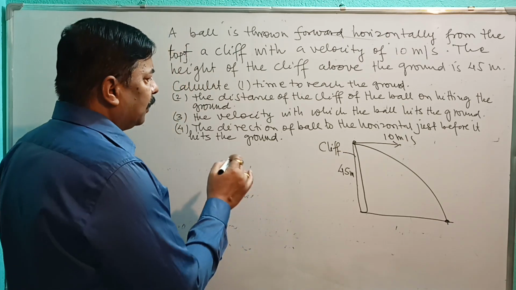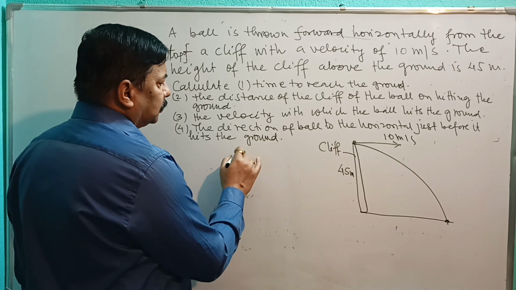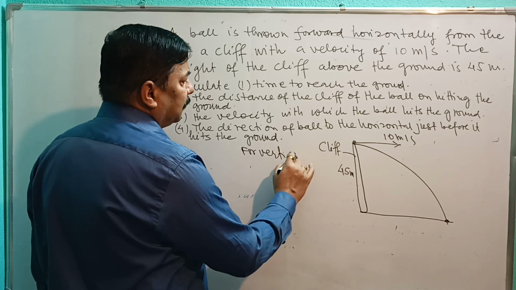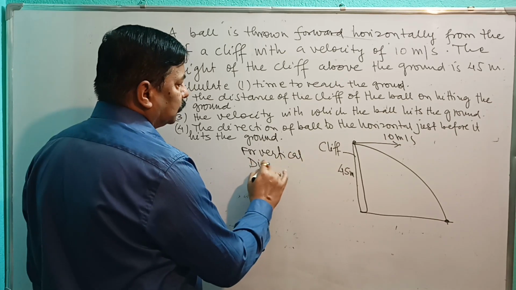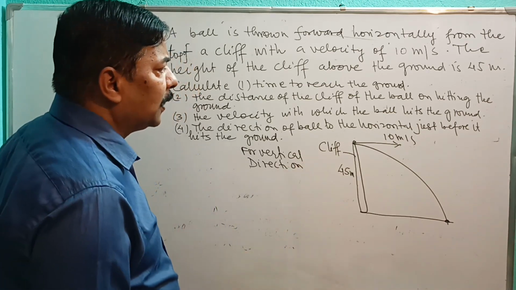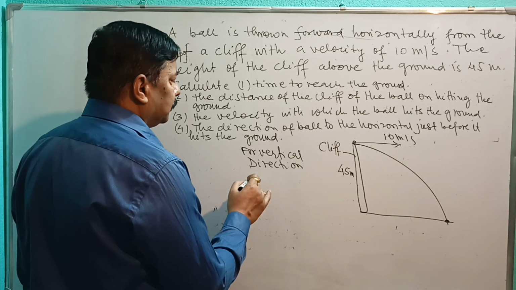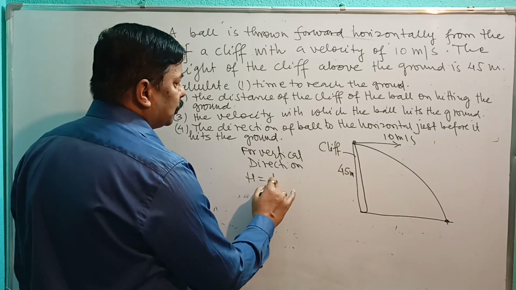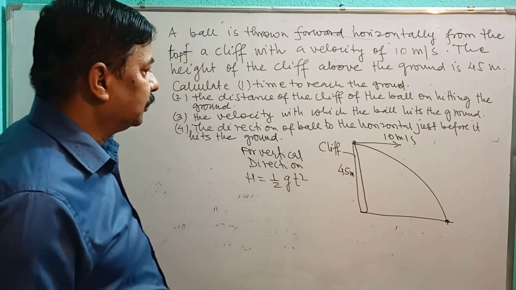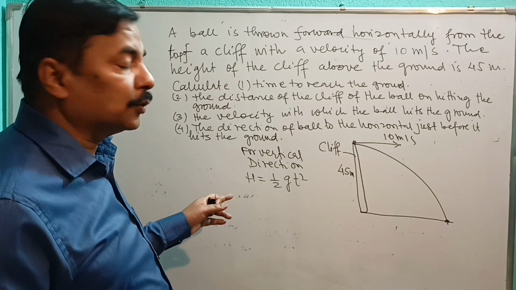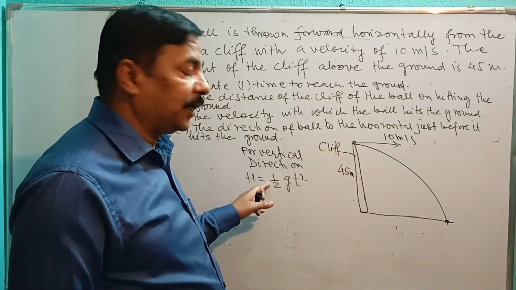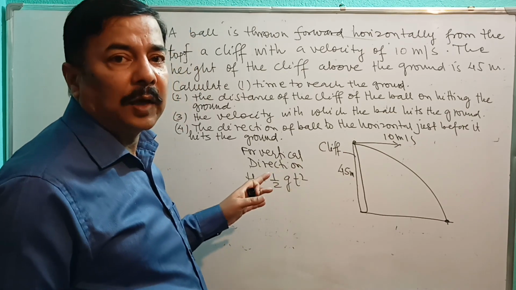So if we take the vertical motion for vertical direction, then h is equals to half gt square. Equation of motion, ut plus half gt square, but in y direction initial velocity is 0, so I have taken half gt square.